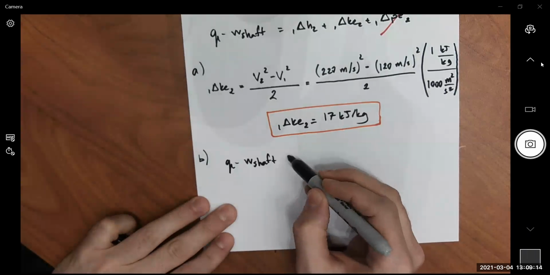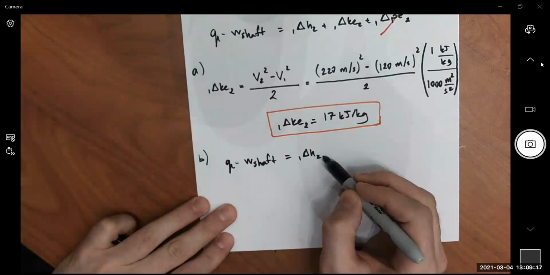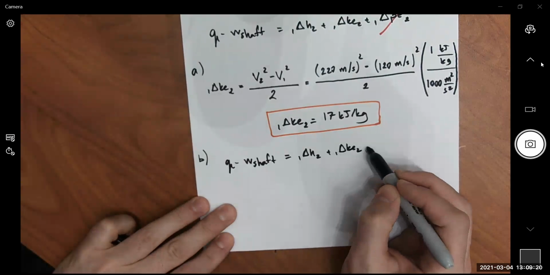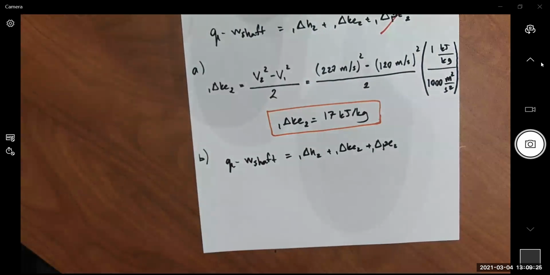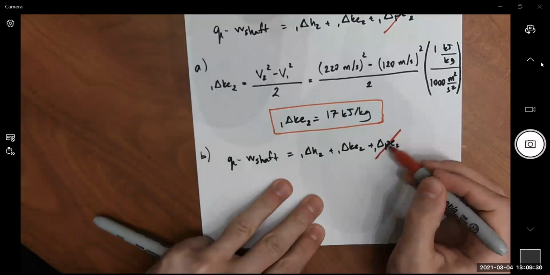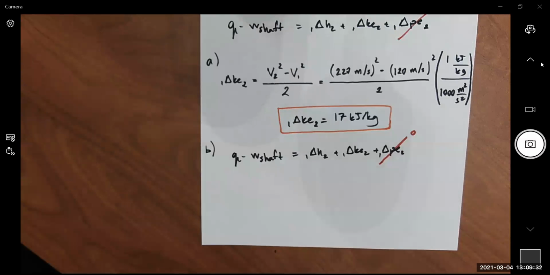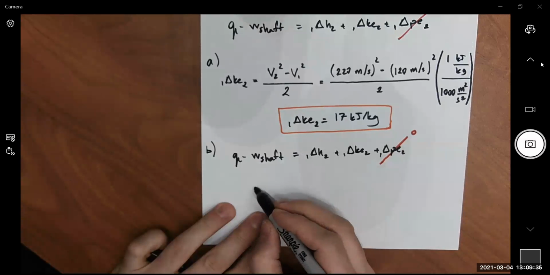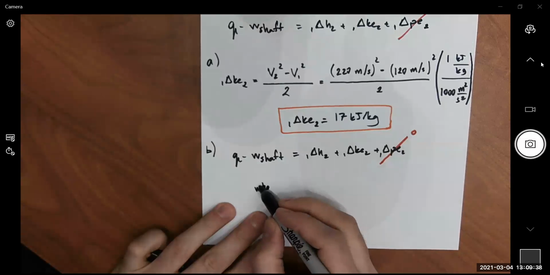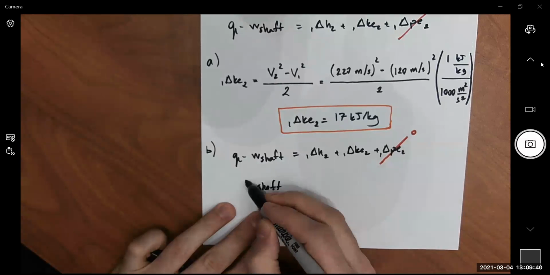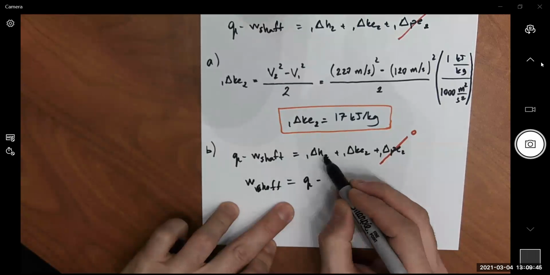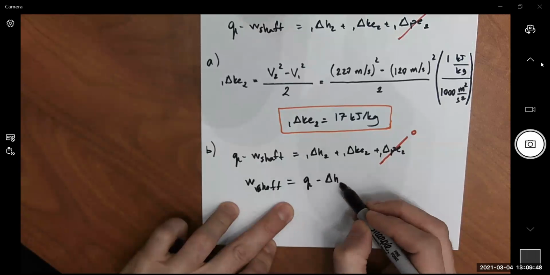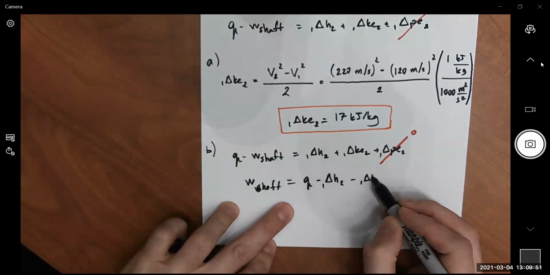Q minus work shaft, from the first law of thermodynamics, right? Potential energy is negligible at 0. And work shaft will be Q minus enthalpy difference plus kinetic energy difference.